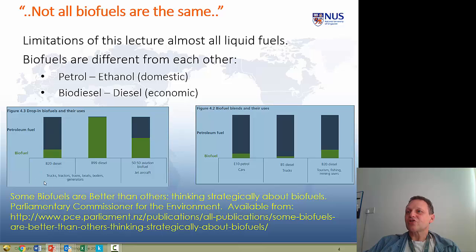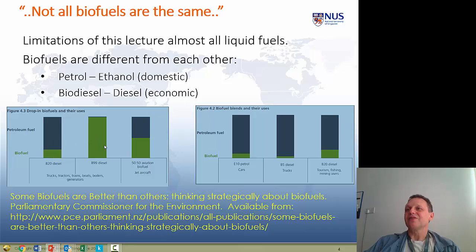So for trucks, tractors, trains, boats, boilers, you've got the B20 diesel, which is 80% petroleum diesel, 20% biodiesel, or B99 diesel, which is 99% biodiesel and 1% petroleum. And obviously the standard of this biodiesel is much higher than the biodiesel we're talking about here.